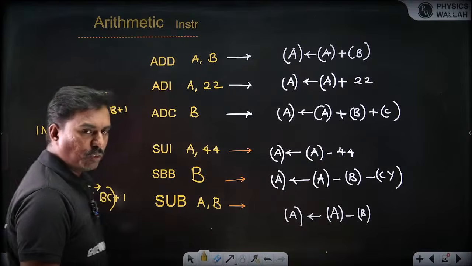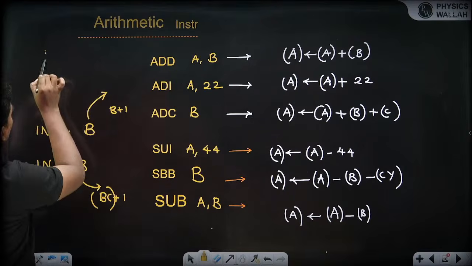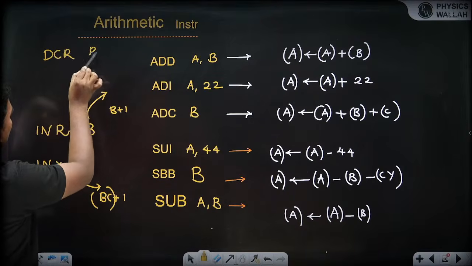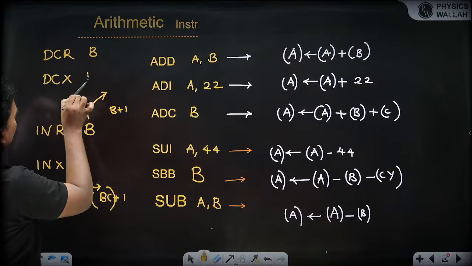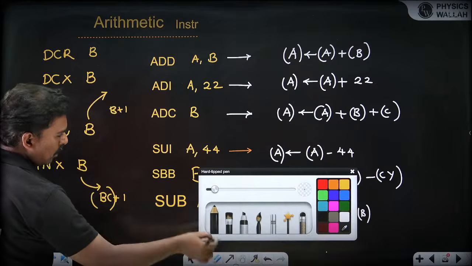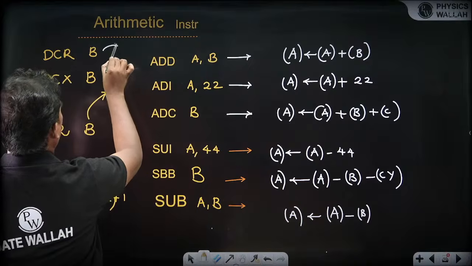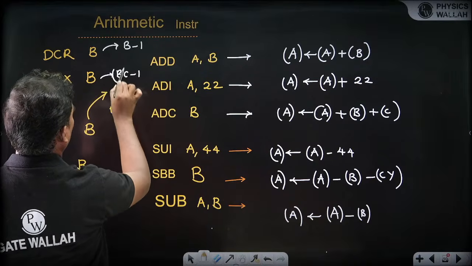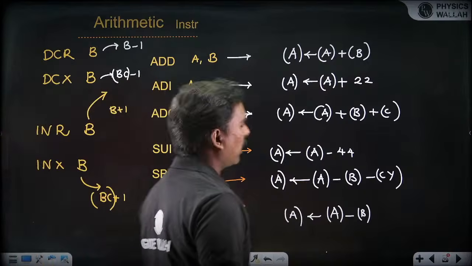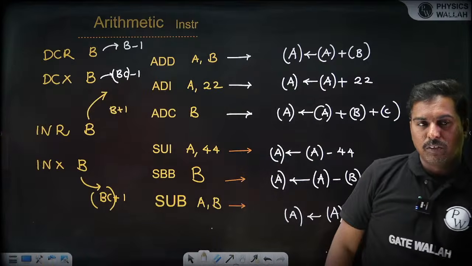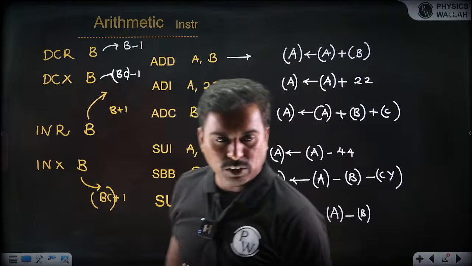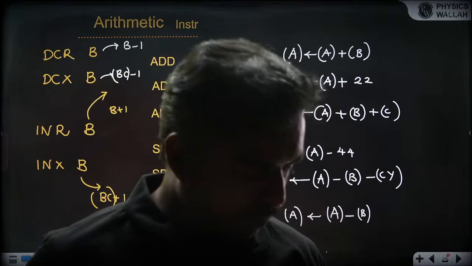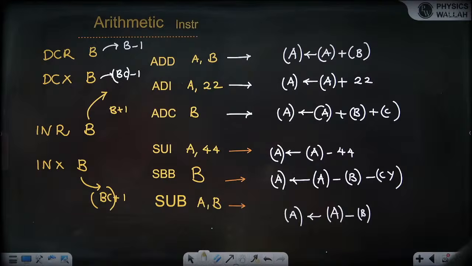Same to same with DCR. So DCR B, DCX B. This is B minus 1, this is BC minus 1. Okay, wow. So these are the arithmetic instructions. These are some set of the instructions, my dear. Any doubts?